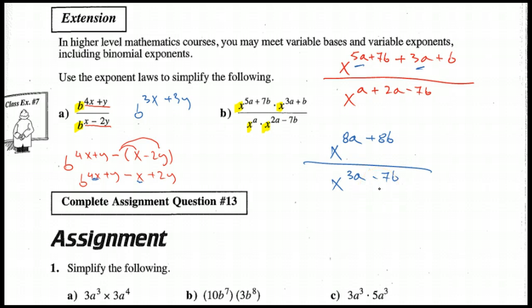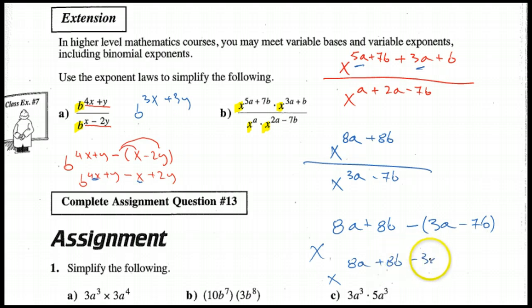Finally, now I need to subtract my exponents. So 8a plus 8b minus, and again, don't forget your brackets when you subtract expressions, 3a minus 7b. So that's going to turn into x to the 8a plus 8b minus 3a plus 7b.